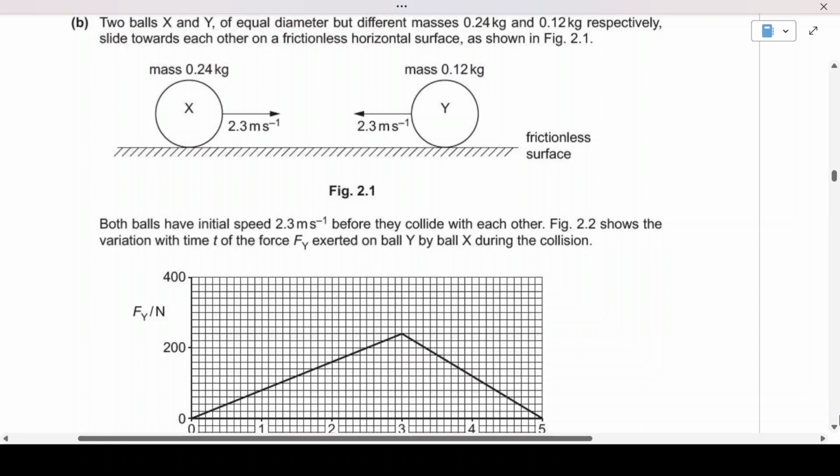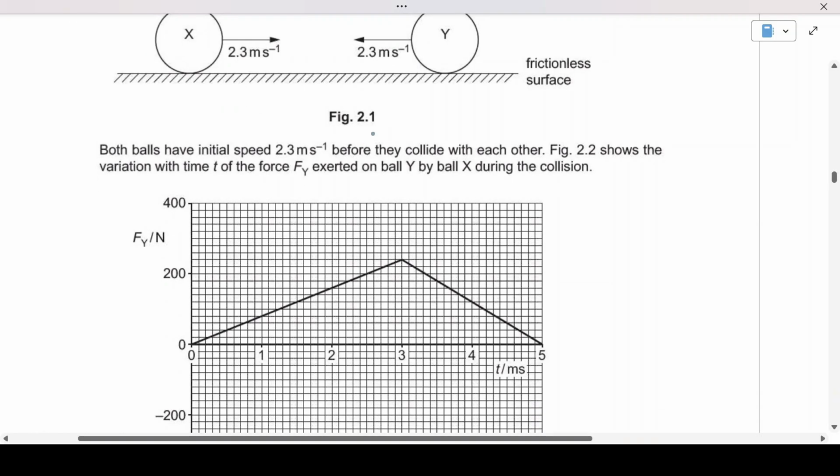We have the sphere X and the sphere Y. They'll be colliding with each other, as you can see, and the force that X exerts on the ball Y, force on the ball Y by the ball X is given.